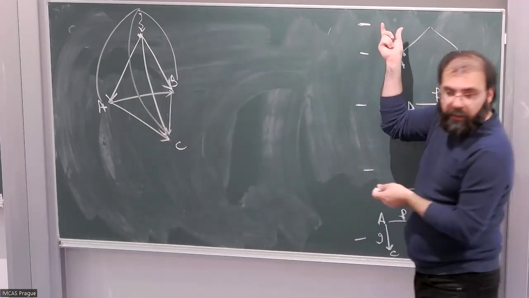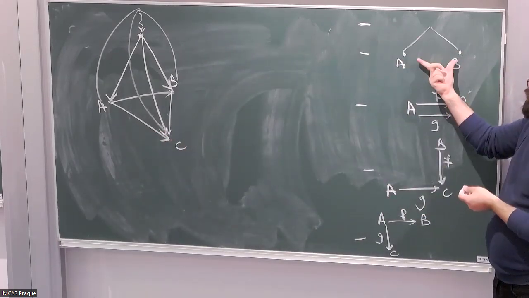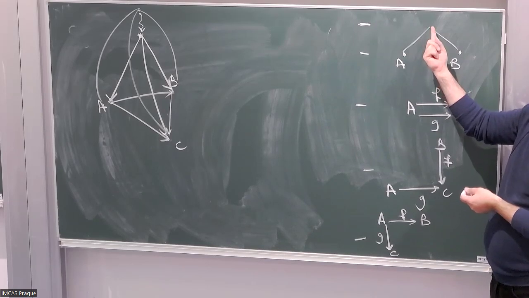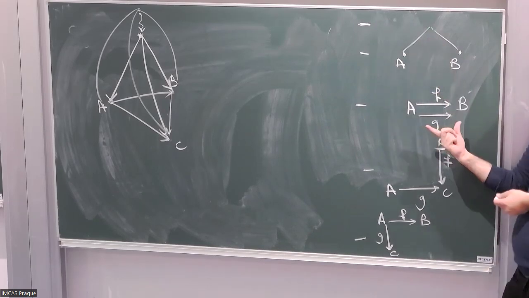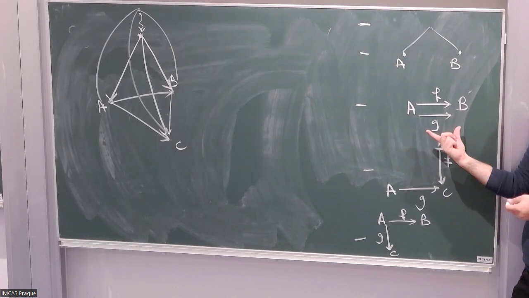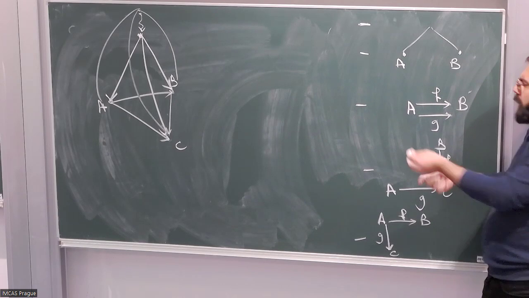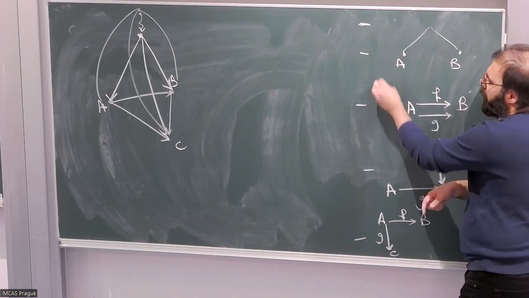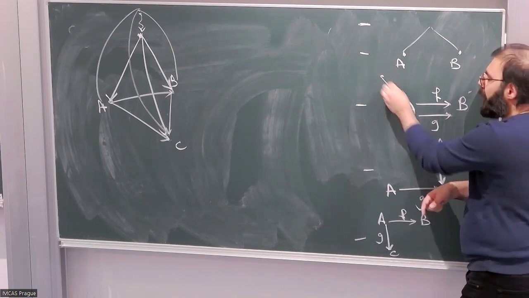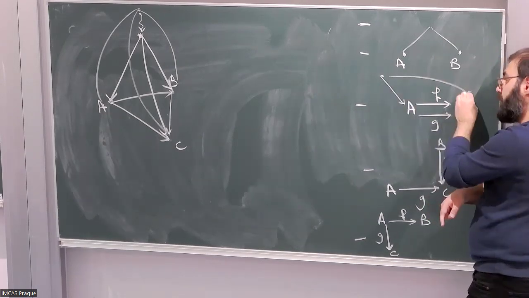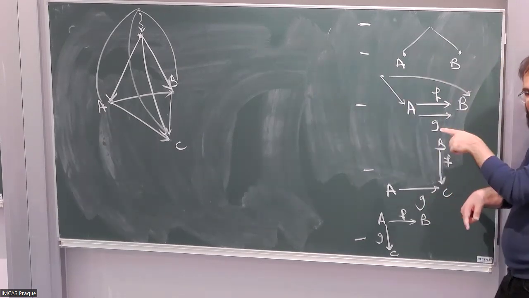So for the empty diagram, the limit is the terminal object. For this diagram, the limit is the product. For this diagram, the limit is the equalizer. Why? Because what is the cone? The cone is something here, let's say, with one map here, such that you have the commutativity.